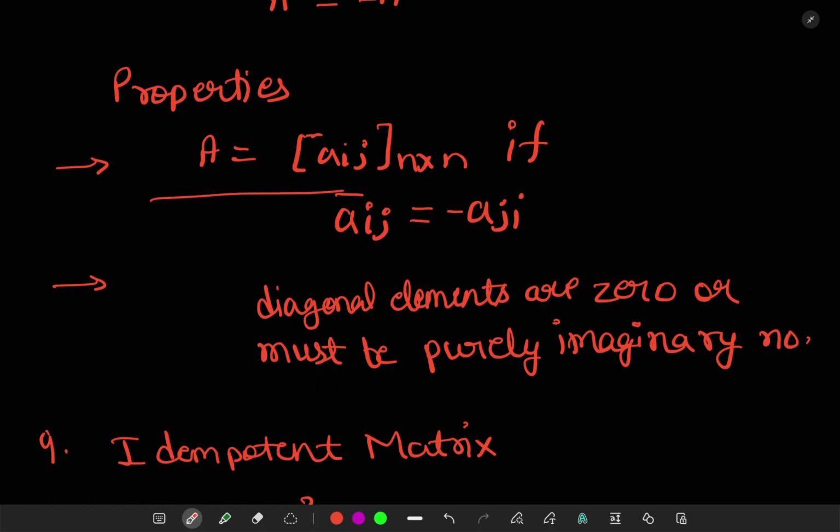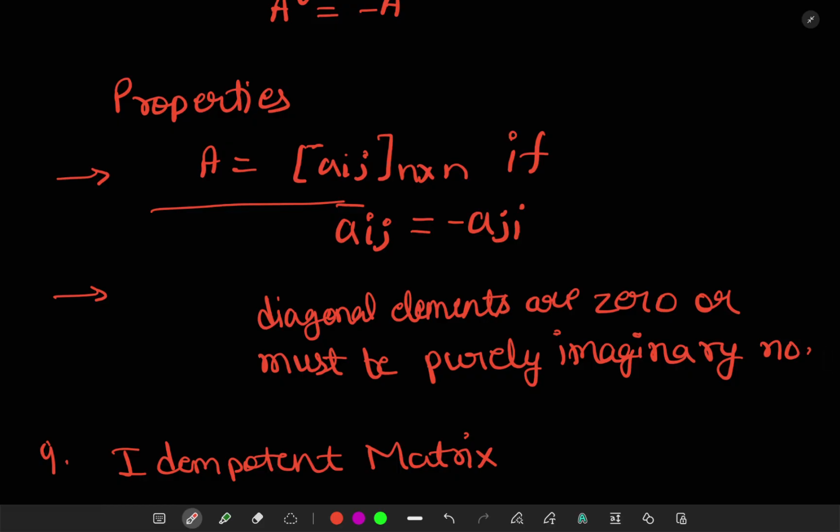If A is a square matrix, then for a skew Hermitian matrix we can write a ij conjugate equal to minus a ji. For a skew Hermitian matrix, the conjugate of element a23 is equal to minus the element a32.